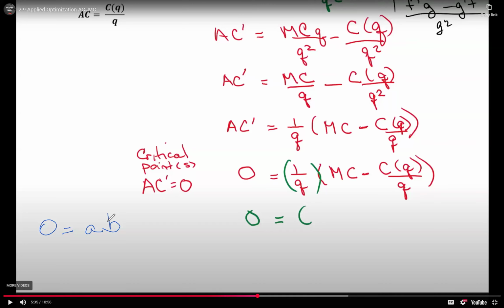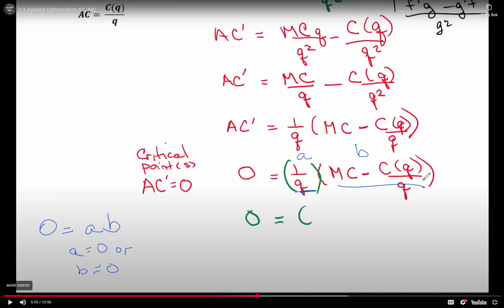So if I have this, that means either A has to equal 0 or B has to equal 0, or both of them could equal 0. There are no other choices. So here I have A times B equals 0; this is A, this is B.